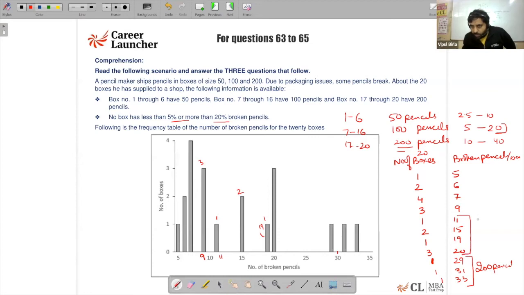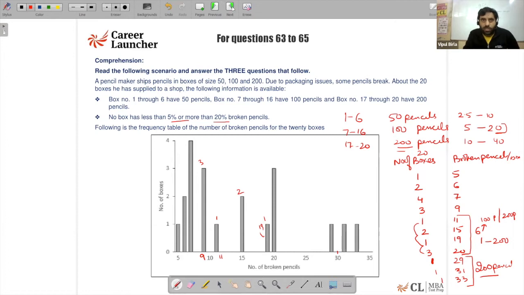So these are the pencils broken from either a 100-pencil box or a 200-pencil box. We have 4 boxes of 200. Therefore, out of this 3 plus 1, 4, 6 and 7, 6 are of 100, while one box is of 200 pencils, because in total we have 4 boxes of 200, and 3 are already here. So this is the information that we've got from this data.